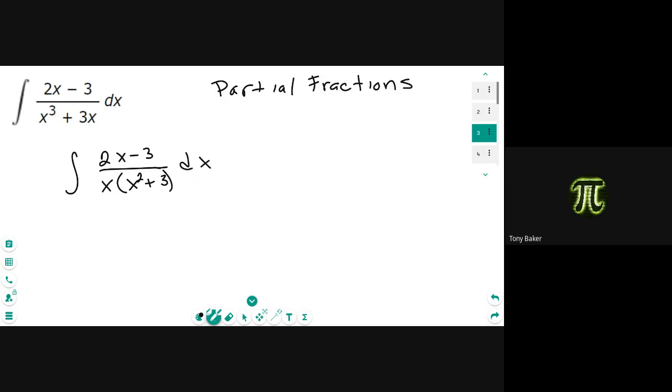So I know this is going to end up being the integral of a over x plus bx plus c over x squared plus 3. So now I have to figure out what a, b, and c are.